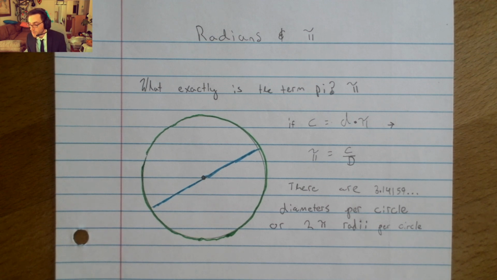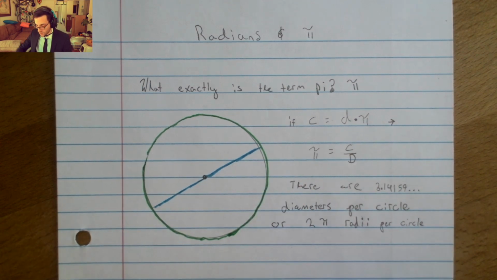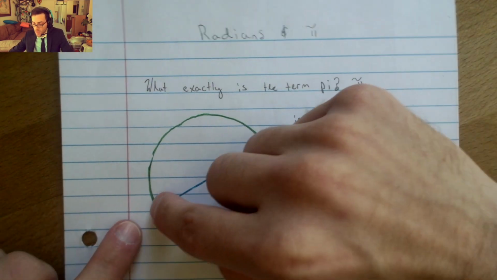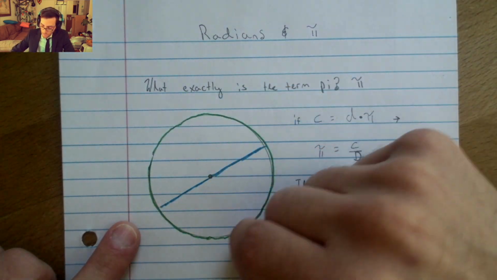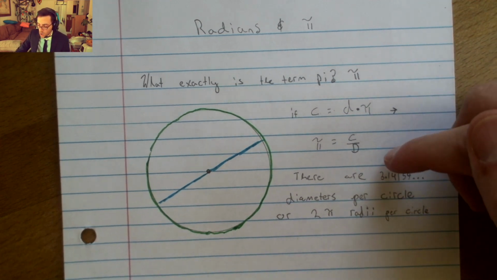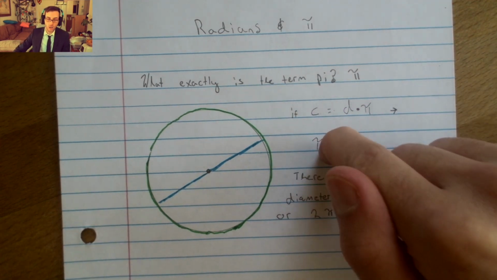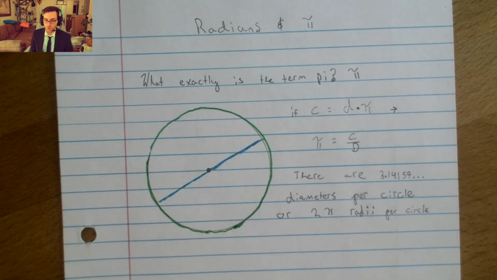The way that this number actually comes about is through a method that relates to today's topic of radians. The number pi is equivalent in every circle, no matter the type of circle. If you take the diameter and stretch it around your circle, in every single case there are going to be pi's number of diameters for every circle, which is really cool.